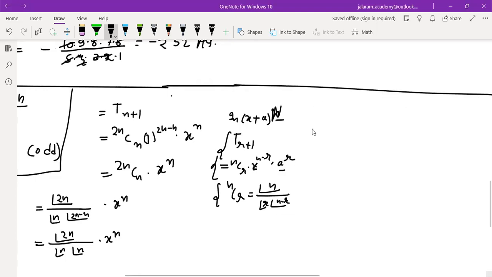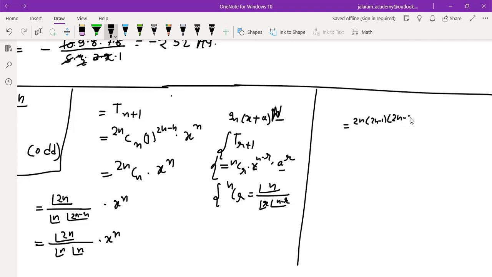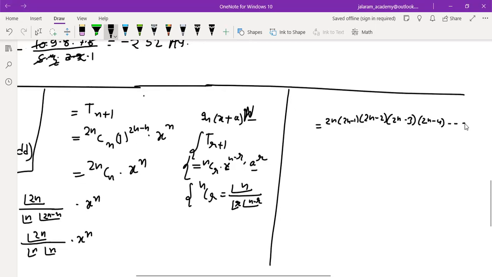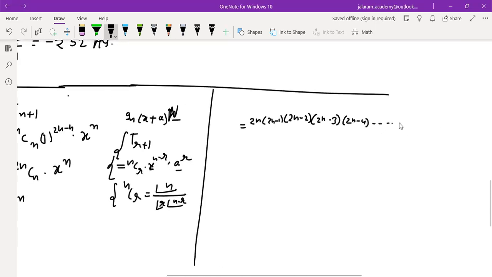So on further simplifying it, factorial 2n means 2n into 2n minus 1 into 2n minus 2 into 2n minus 3 into 2n minus 4, and so on up to the last terms 6 into 5 into 4 into 3 into 2 into 1.